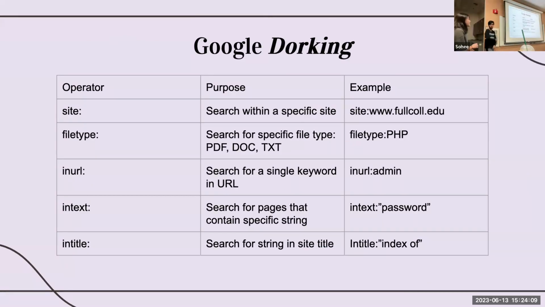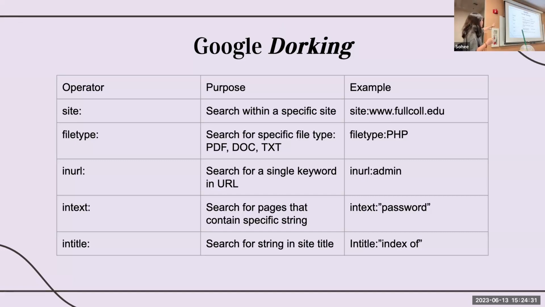Okay, so you guys can try this on your own, just like Googling, but it's called Google Dorking. You're using a few operators, specific operators that are built into Google's search engine. For example, you have the site operator, filetype, inurl, intext, and intitle.